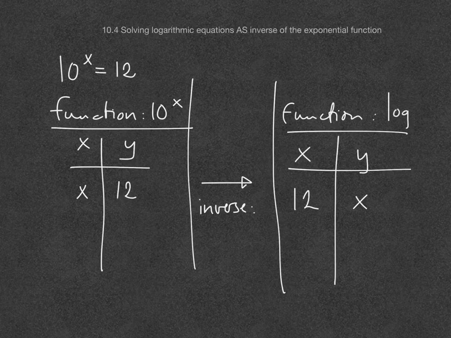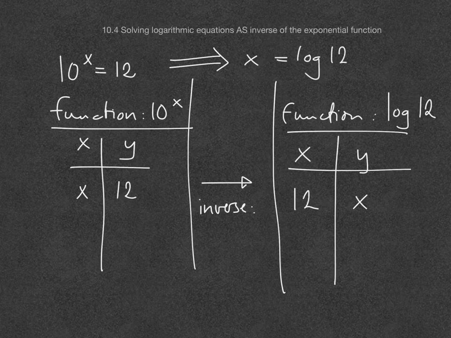So that would be the logarithm of x. But here, in this case, x is 12. So that would be a way of solving this equation then. So if 10 to the power of x equals 12, then x equals log 12.